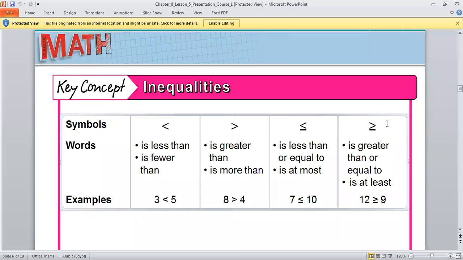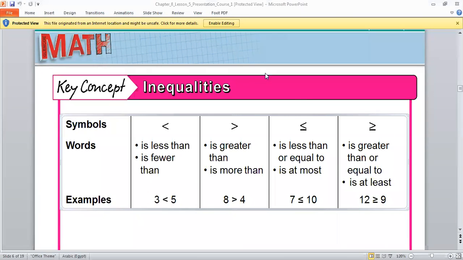If we look at the fourth one, this symbol is greater than or equal, or at least.